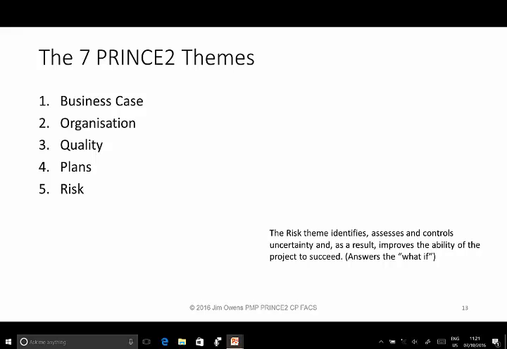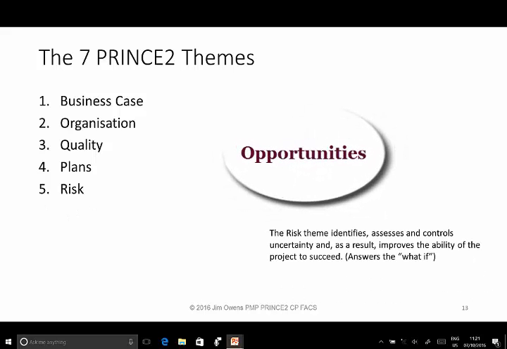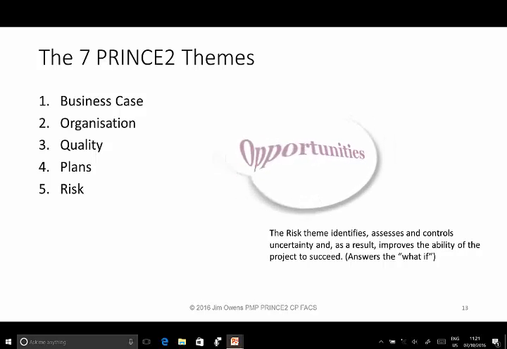It consists of a combination of the probability of the perceived threat or opportunity occurring and the magnitude of its impact on objectives. PRINCE2 considers 2 types of risks: threats, which are an uncertain event which could have a negative impact on objectives, and opportunities, which are uncertain events that could have a favourable impact on objectives. What is at risk?